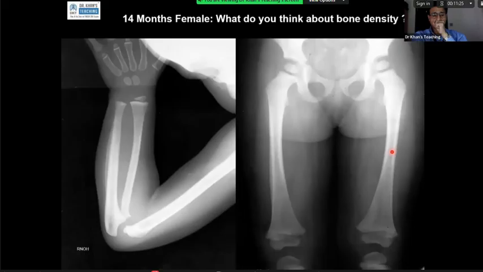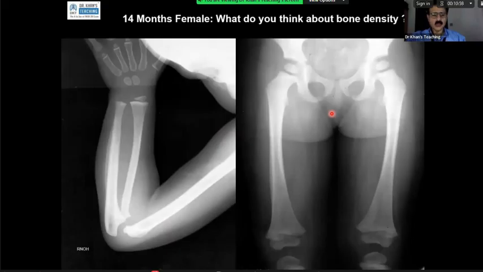There's also widening of the distal femoral metaphysis, giving an Erlenmeyer flask deformity. I don't think so, that's not a very convincing finding. Okay, there are periosteal reactions. Right. Where? Along the ulna and the right femur.